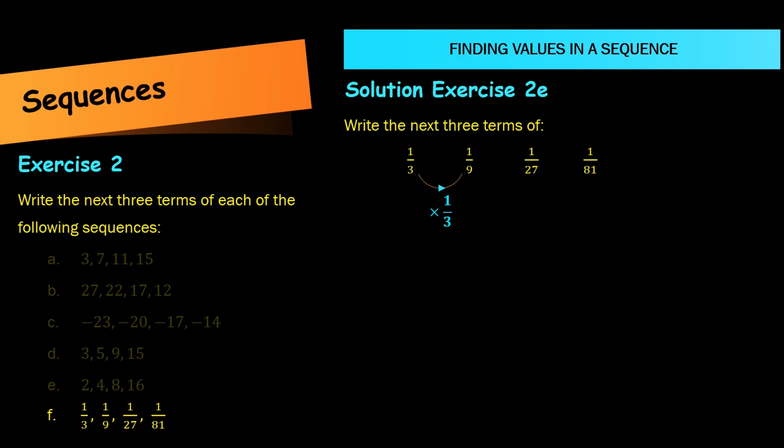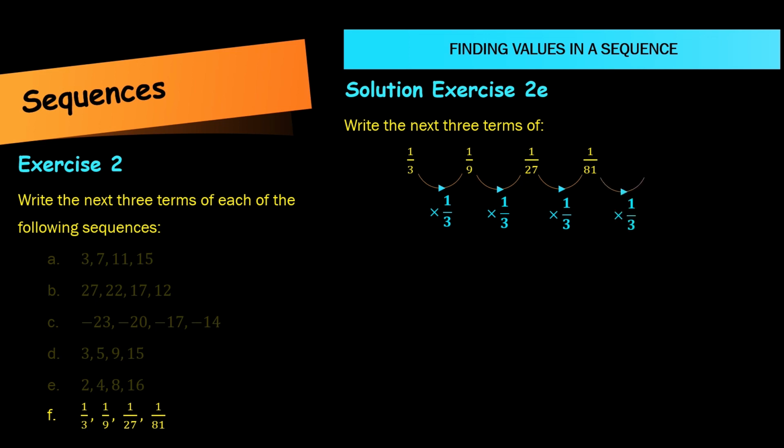So in effect, we're multiplying each fraction by a third. So a third times a third is a ninth. A third times a ninth is 1 over 27. And 1 over 27 times a third is 1 over 81.